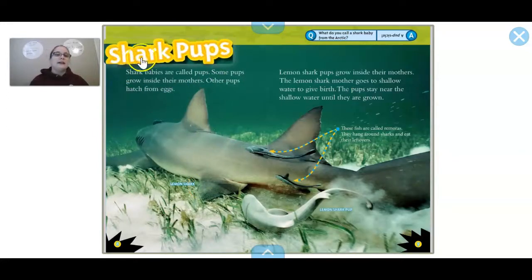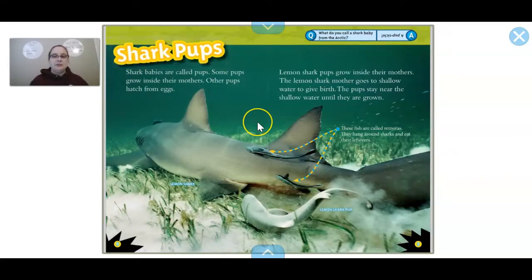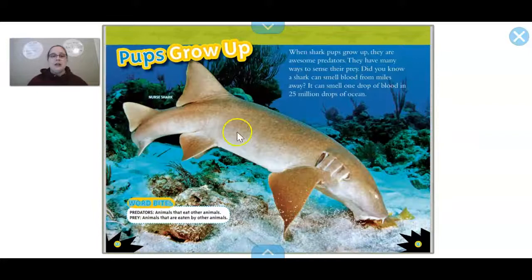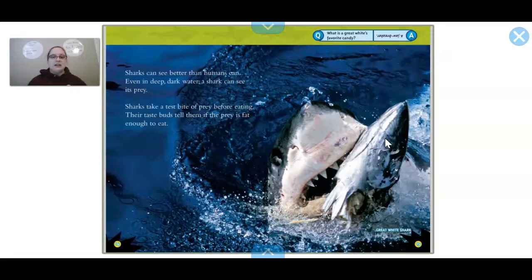And if we look at our next heading, it says shark pups. So that's telling us that this next section is going to be all about shark pups, which are shark babies. And then it says pups grow up as our next heading. So that's going to tell us all about the cycle of shark babies growing up to become adult sharks.